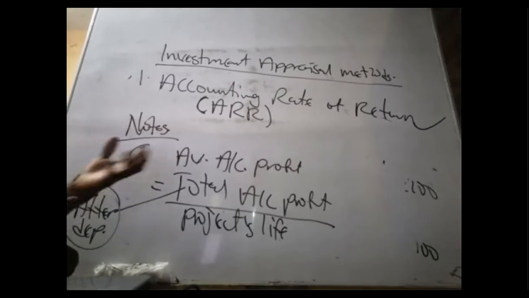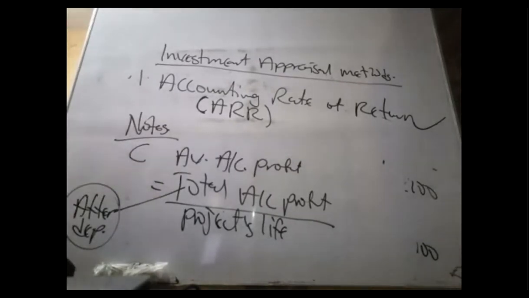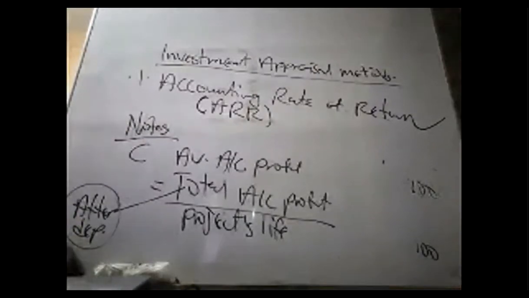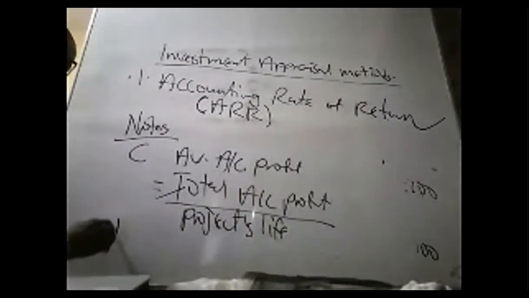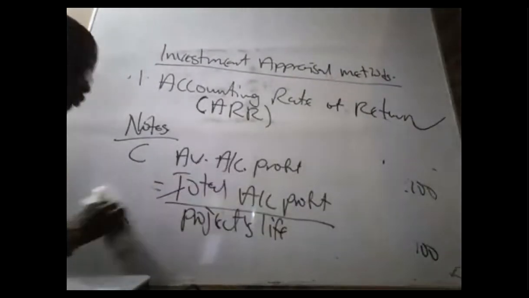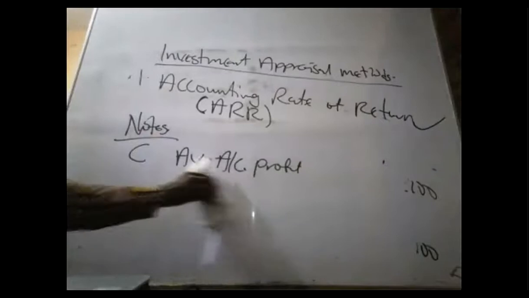That's the normal way of determining accounting profit. That is all. Okay. Now let's go to formula D, that is the average investment.